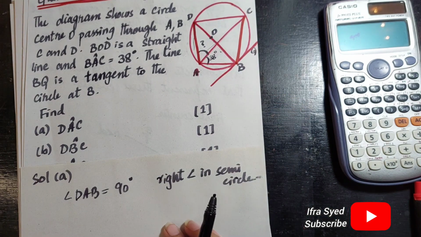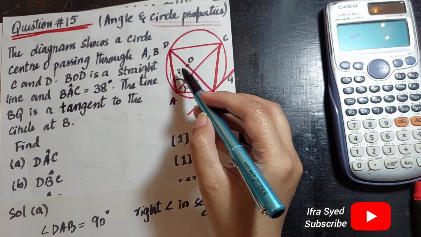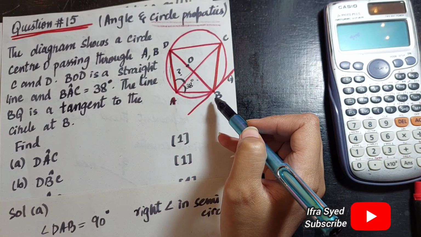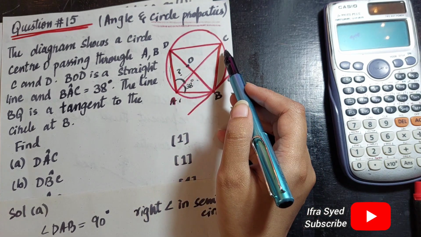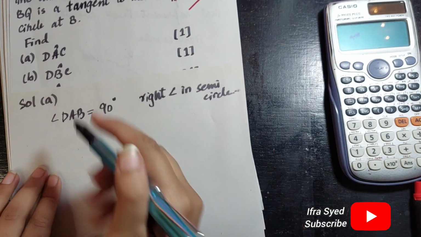So angle DAB is equal to 90 degrees, and DAB is equal to DAC plus BAC. So I'm writing DAC plus BAC in place of this DAB.